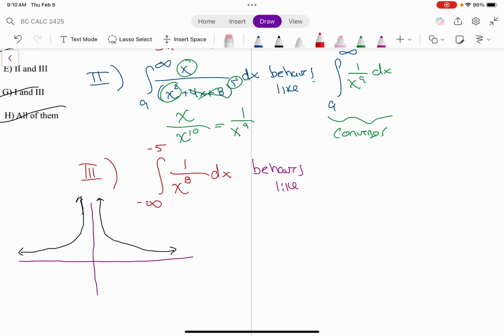So what are we looking at? The integral from negative infinity to negative 5. This isn't to scale or anything, it's just a quick sketch. What you notice is that by symmetry, that's going to be the same as the integral from 5 to infinity. These areas are going to be precisely the same.